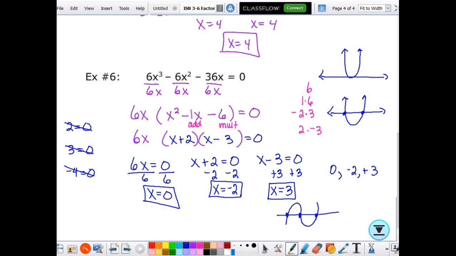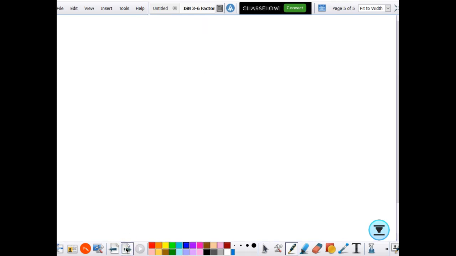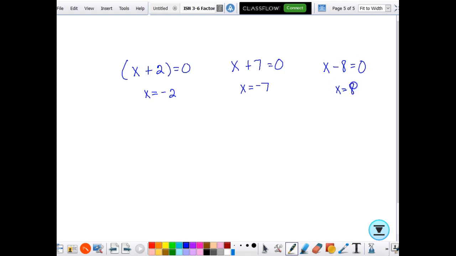One other thing I want to show you before we stop is a little shortcut trick. Notice when we were getting x plus 2, we knew x is -2. If we had x plus 7, we knew x is -7. Easy peasy. You do the opposite sign. x minus 8, x is going to be 8.